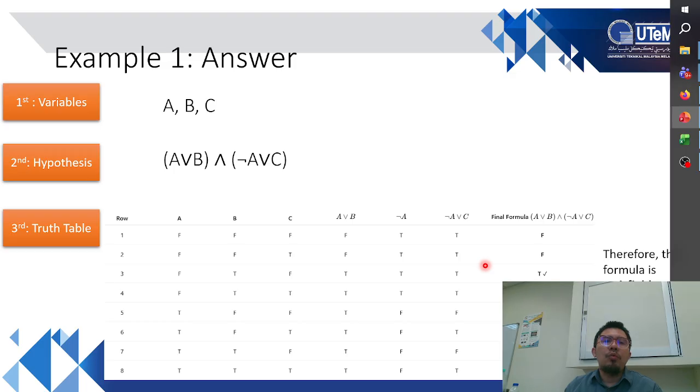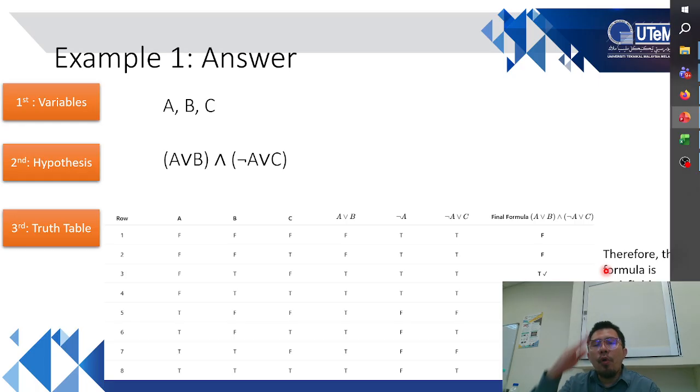After that, we come up with the truth table like this. A, B, C is the input, and then we calculate it. We obtain 1, 2, 3, 4, so there are 4 times the output is 1. What does that mean? It means this expression is satisfiable.